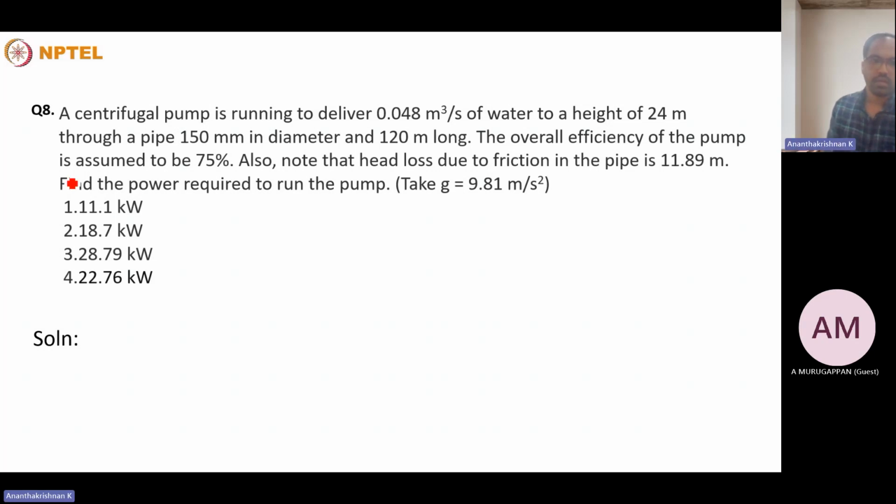In the question, we need to determine the power required to run the pump. The overall efficiency is given as 0.75.